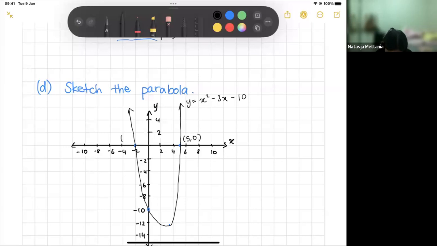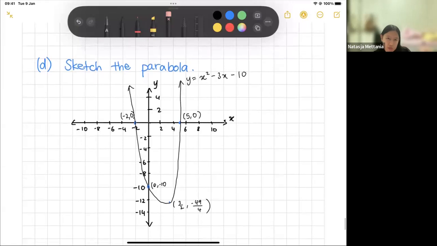This is negative 2, 0. This is 0, negative 10. And this is 3 over 2, negative 49 over 4, my vertex. You need to label all those points that you plot if you're in an exam. Hopefully that makes sense, and I'll see you in the next one. Bye.